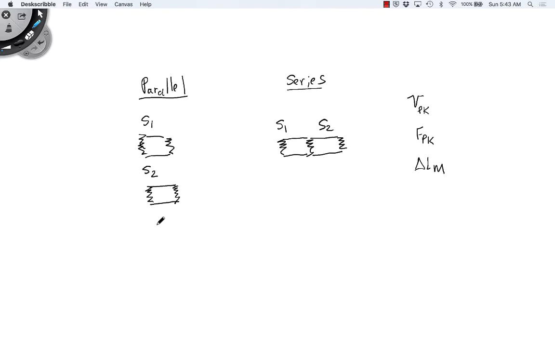Let's do parallel first. If we think about force, the force in sarcomere 1 plus the force in sarcomere 2 equals the muscle's total capacity. So this is peak force here. If we look at series, where the sarcomeres are in series, the force in S1, sarcomere 1, is going to equal the force in S2, because essentially the force is being transmitted to the bone, so they don't sum or add.